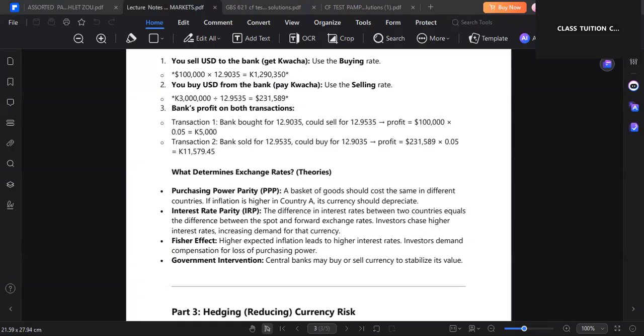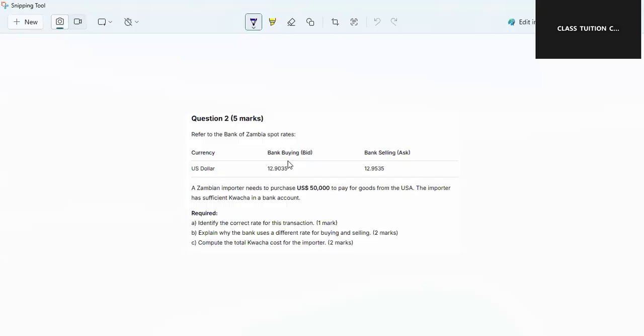Here's question number one. Number two, you're given the following question. The dollar is showing this bid price and the ask price is this.